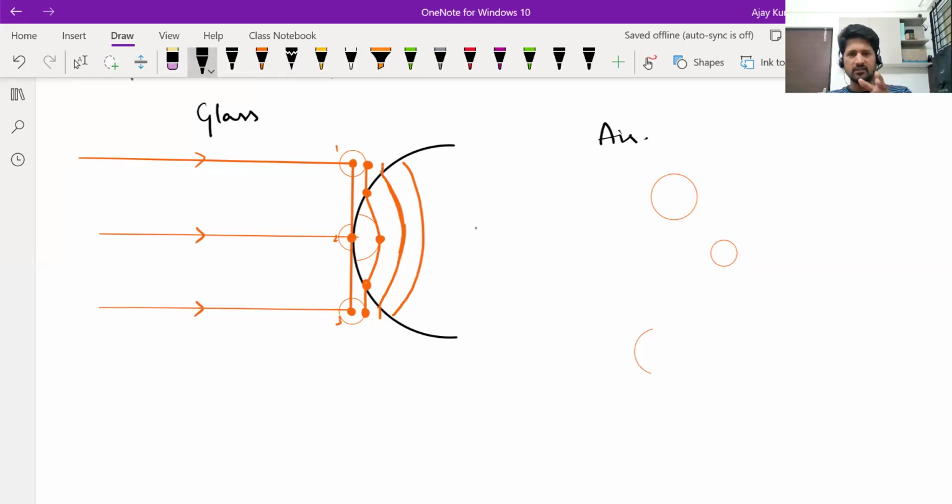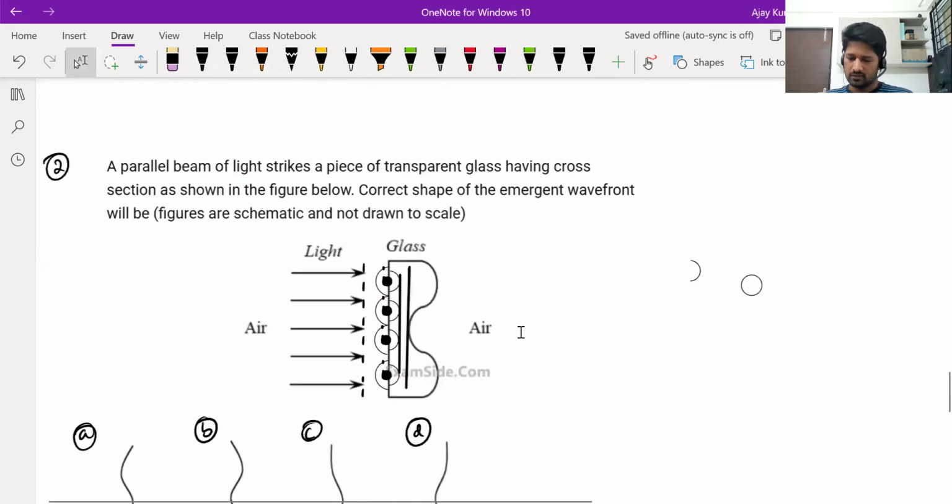When the surface is convex to the left, the wavefront is convex to the right as it goes from glass to air. So these wavefronts that we have drawn here, you can now predict how they are going to emerge out of the glass-air interface. Where it is convex to the left, the wavefront emerges convex to the right.